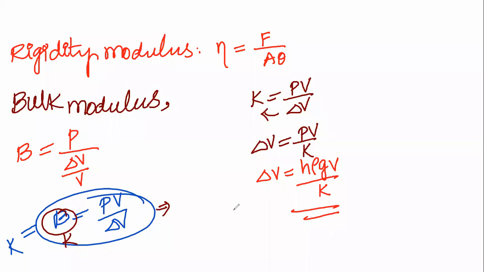Here, delta V is the decrease in volume. Next, Poisson's ratio. What is Poisson's ratio?